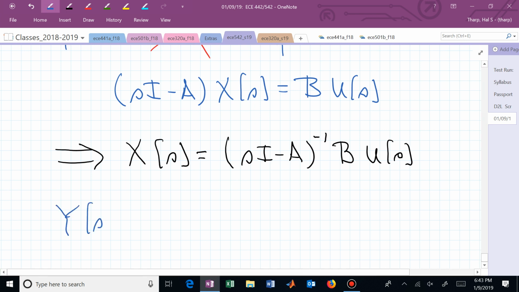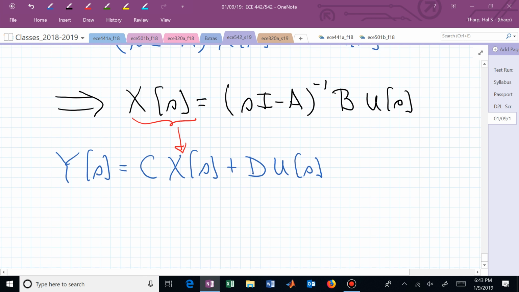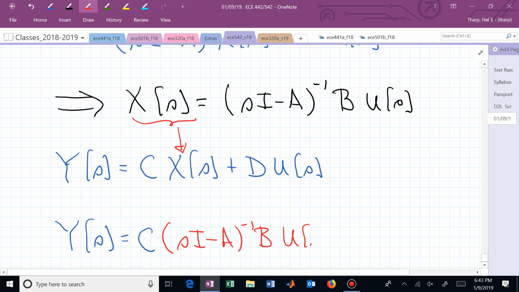I can now Laplace transform the output equation, and if I simply take this formula for capital X of s and replace it in there, I now have Y of s is equal to C times sI minus A inverse B U of s plus D U of s.